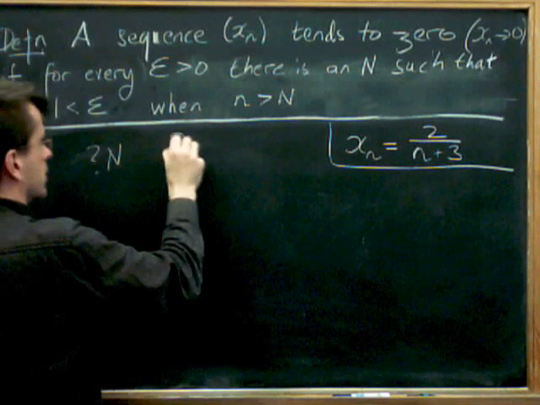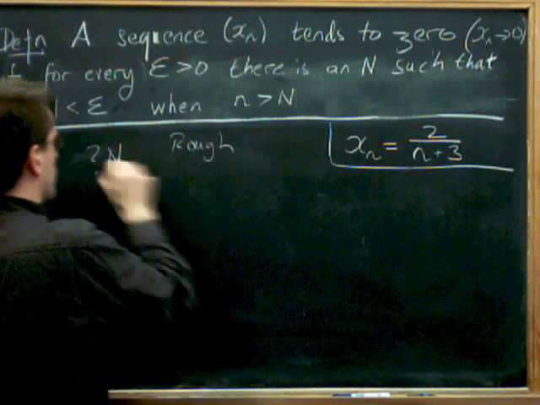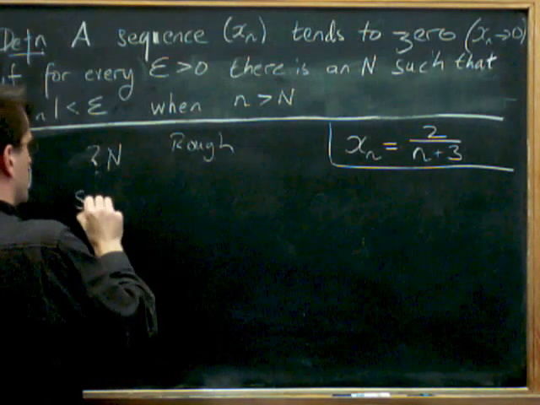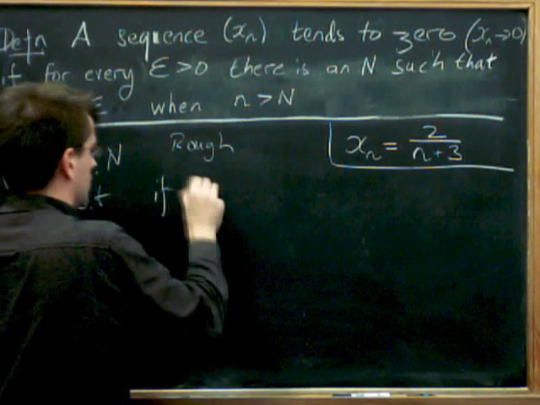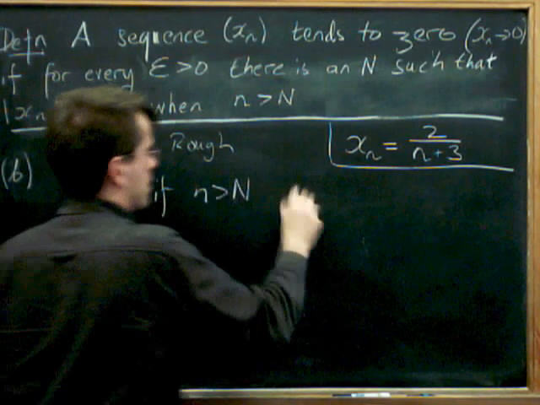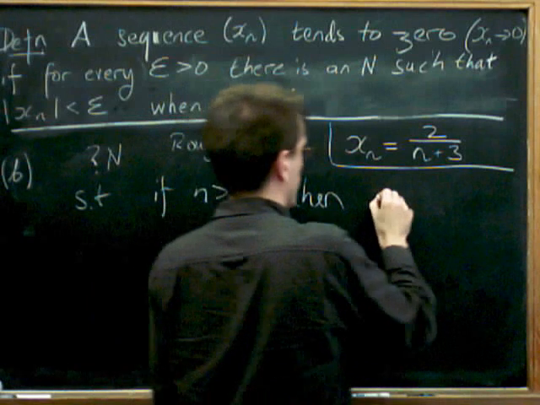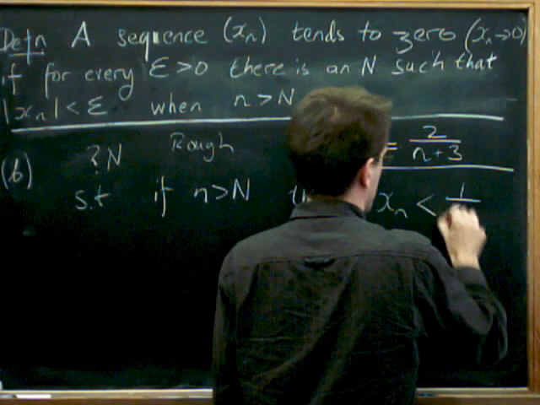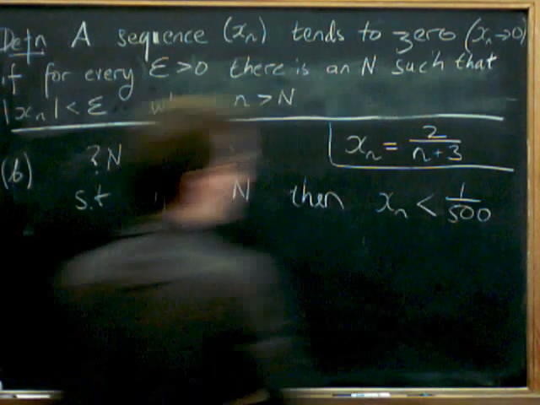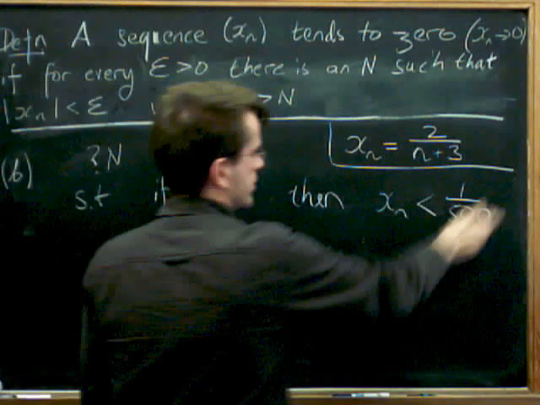We want to find an n such that if n is bigger than big N, then xn is less than 1 over 500. This is the thing we want to satisfy.